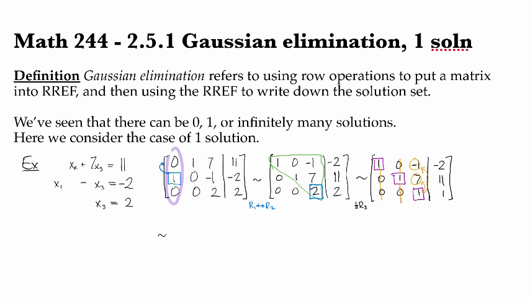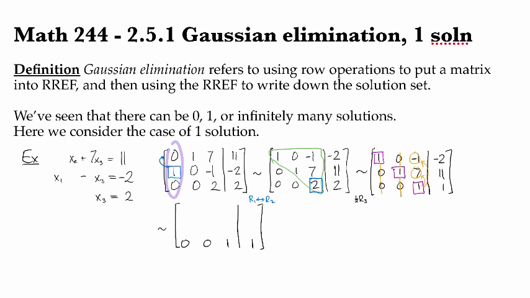I'm going to have 0, 0, 1, 1 stay the same because I'm using it as my tool for manipulating the other rows at this point. And to get rid of the -1 in the first row, I'm going to add 1 copy of row 3 to row 1.